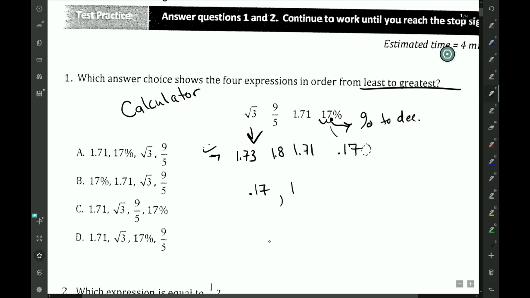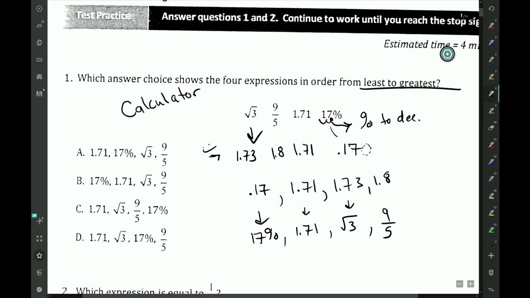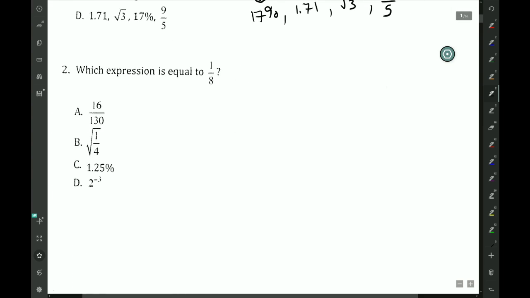Next in the rank will be 1.71, next 1.73, and then 1.8, and then it's your job to go backwards and figure out which is each of these as what it was originally represented as, and then just pick your answer. Shouldn't be all that difficult, I hope, okay? 17%, 1.71, square root of 3, 9/5. Boom. B, gotcha. Done.